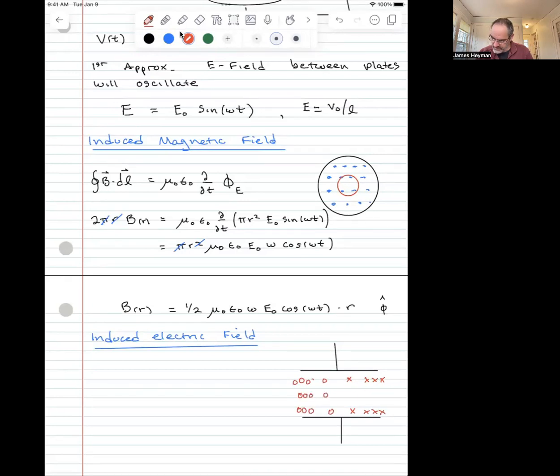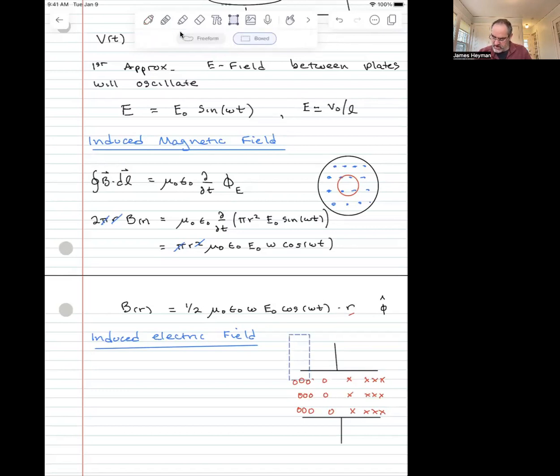Okay? Moreover, you can see that the magnetic field is 0 at the center, but it gets stronger and stronger the farther we get away from the center because the strength of the field varies like R. Okay?